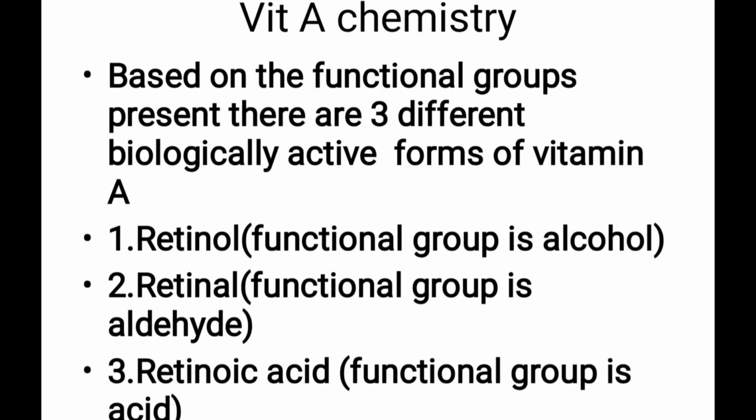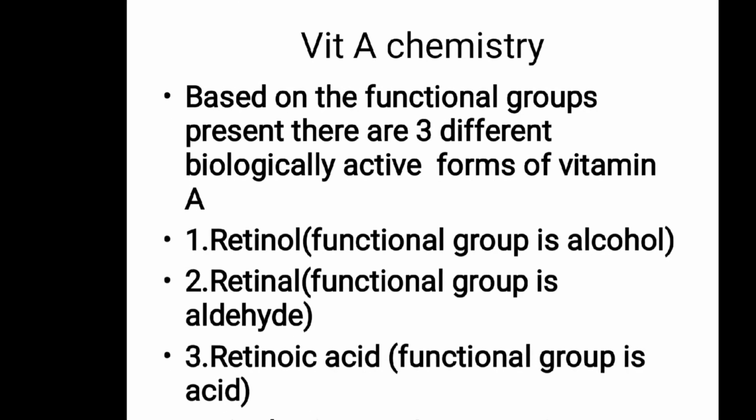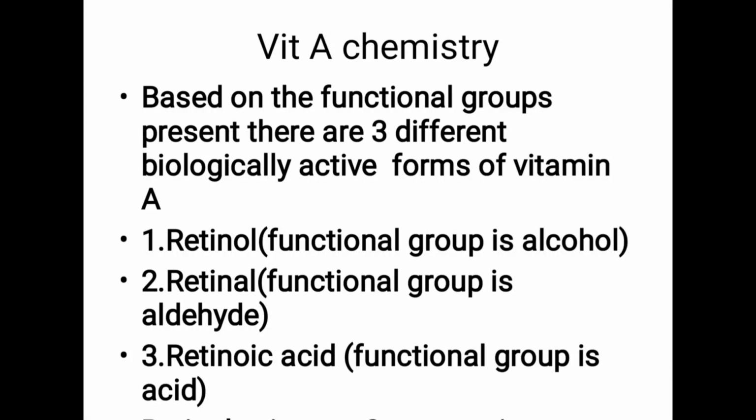So based on the functional group, there are three different biologically active forms of vitamin A. What are those? Based on the functional group, the group may be either alcohol, aldehyde, or acid.